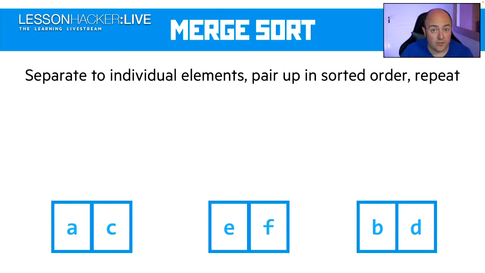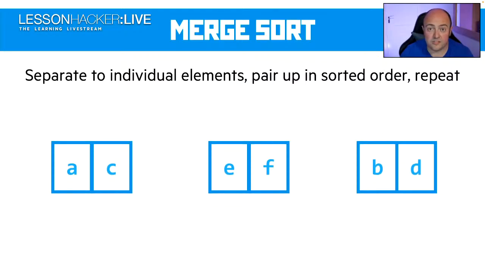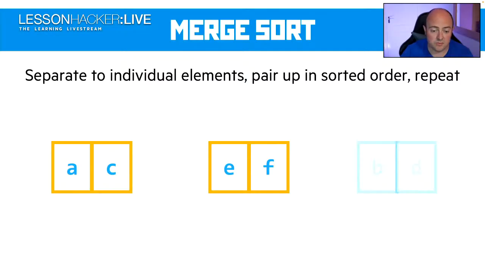Now, we're not there yet. We have to do that same thing again, but to these sorted groups. There's an odd number, so I'm just going to do it on these for the meantime. Now, what we're doing is looking at the leftmost value here. We're looking at A and E, and we're going to say which one's smaller. Well, A is smaller, so we're bringing that down.